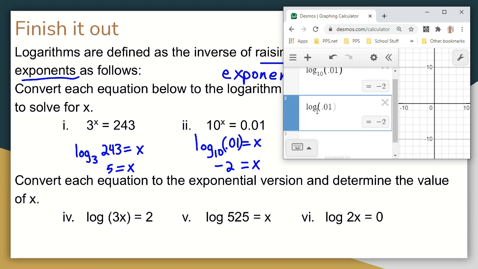That's because if we don't write in a base, it's base 10. So I can rewrite it: log of 0.01 is equal to x, and the answer is x is -2. So I can write it with base 10 like that, or I can not include any base, and it's always base 10. All right?